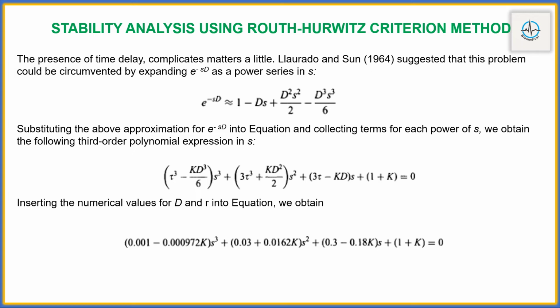Substituting the above approximation for e^(−sd) into the equation and collecting the terms of each power of s, we could obtain a third order polynomial expression in terms of s. Now, we shall introduce the numerical values for d and τ into this equation. So, the value of d will be 0.18 seconds and the value of τ will be 0.1 second.